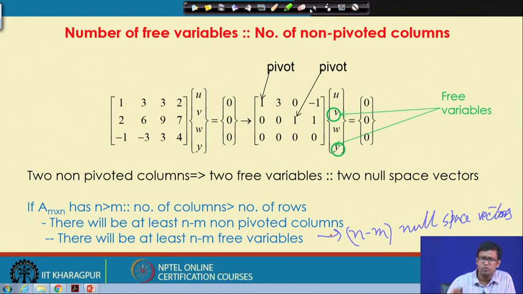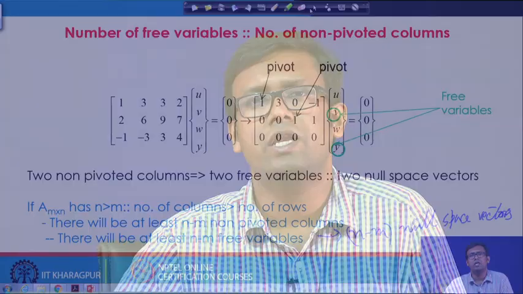Now, we will see how we can utilize this to solve Ax is equal to b, when A is a singular, non-square matrix. When we are solving Ax is equal to b, I assume that we have solved Ax is equal to 0 and found the null space.